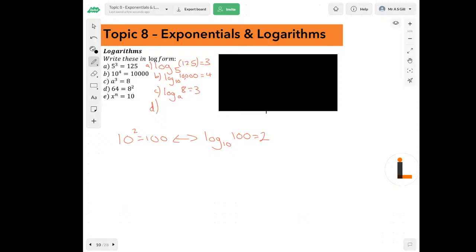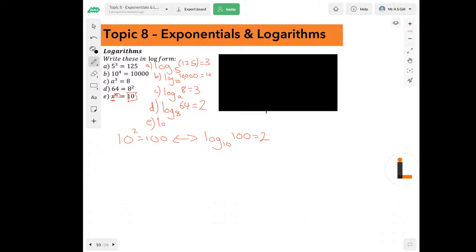Part D, we need to treat this exactly the same way we did previously and make sure that we turn these around. So rather than 64 equals 8 squared, we've got 8 squared equals 64, but the principle is still the same. And then lastly for part E, again, we've got our base number here, our power, and the thing that we are logging here.